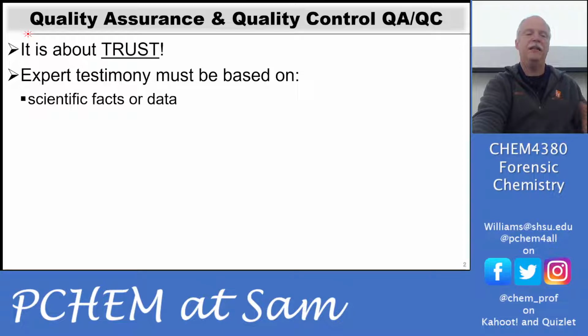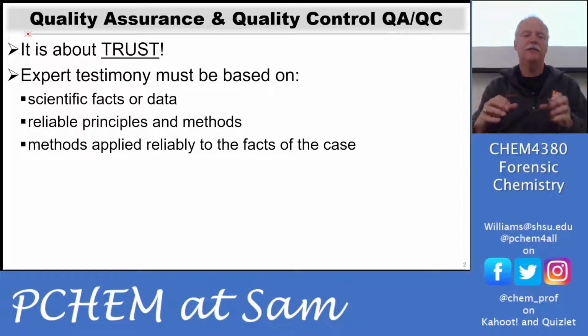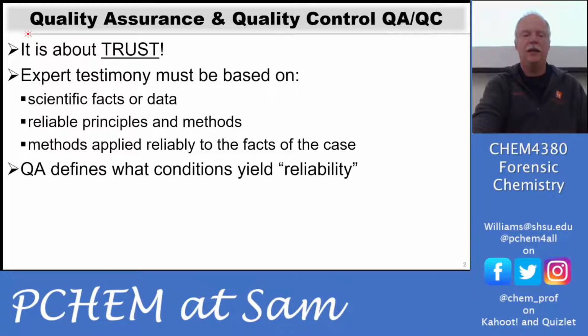But that needs to be based upon scientific facts or data, but also reliable principles and methods. And then methods applied reliably to those facts of the case. So you need to have tried and true methods, but then you also need to apply those methods reliably to the data. And then this quality assurance defines what conditions yield reliability.